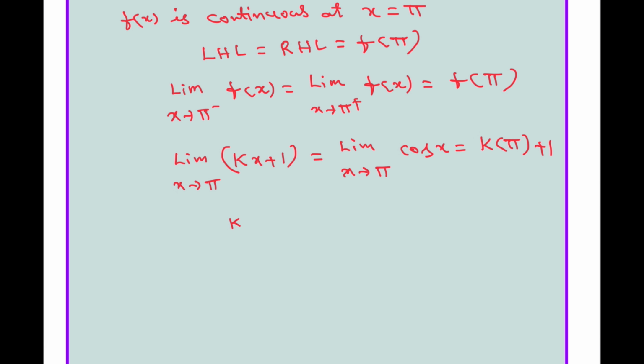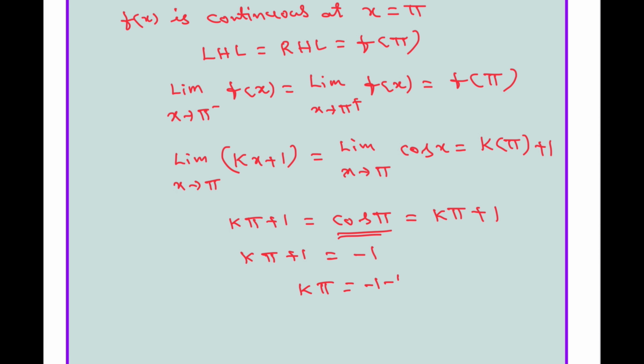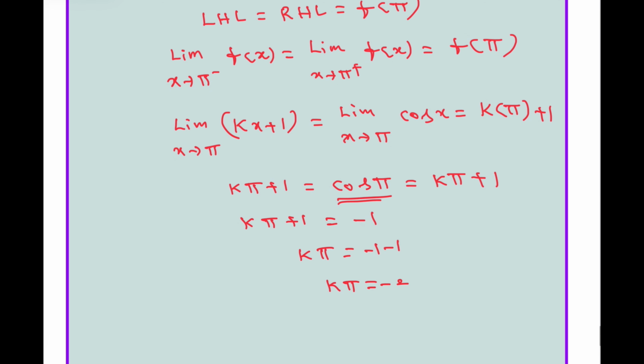Then here x tends to pi means k pi plus 1 equals cos pi. Therefore k pi plus 1 is equal to cos pi value, which is minus 1. K pi equals minus 1 minus 1, which becomes minus 2. K pi equals minus 2. K equals minus 2 divided by pi.